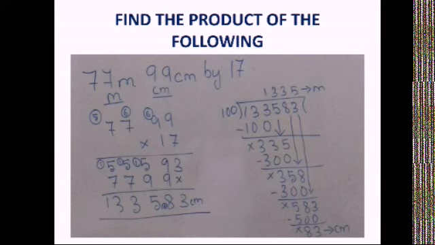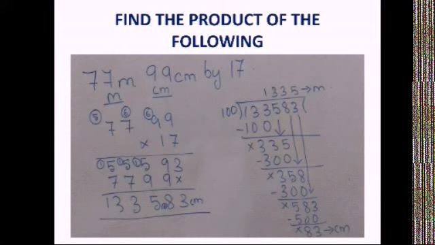Now, why have I done the division? In case you are confused and cannot decide where you will put meter and where you will put centimeter, what will you do? You will divide 133,583, this complete answer of the multiplication, by 100.